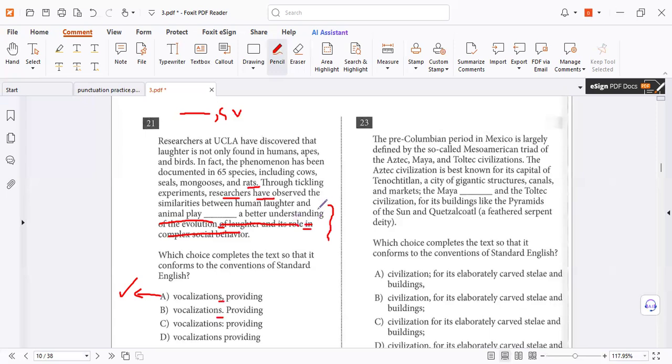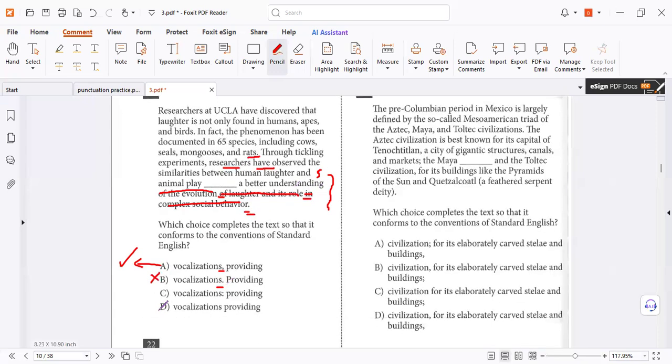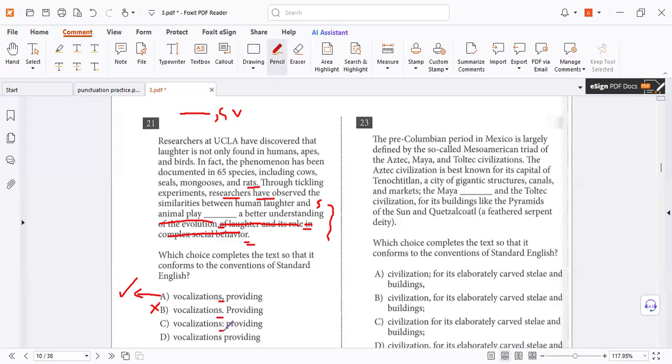No, a better understanding can be the subject, so there is no verb. So it's a fragment. How can I use a full stop again? Because we have a full stop here, it must be a sentence, not a fragment. So B is wrong. For the colon, how can we use a colon? Before, it must be a complete sentence, yes, but after it's not an explanation of something mentioned before, so it's not a colon.